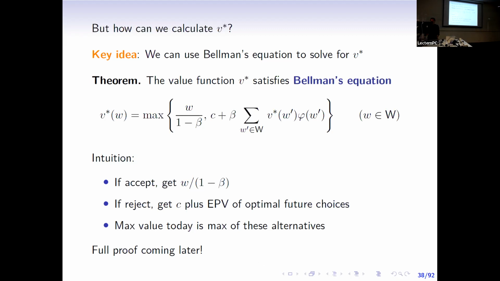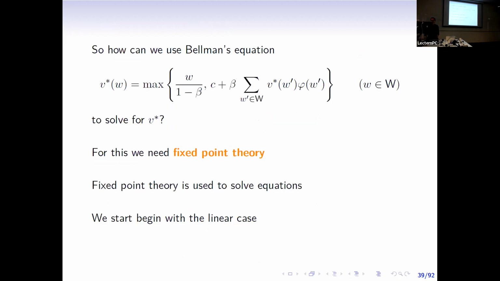Okay, so now we've got this recursive expression that V star should satisfy. This is a restriction, and we're going to use this equation to solve out for V star. We're going to do it in the obvious way, using Bellman operators.